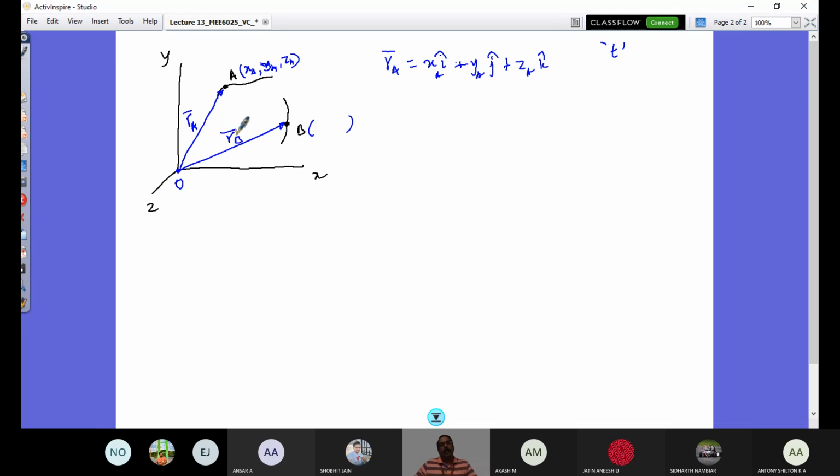Any vehicles in motion, whether in space or on the ground, can be represented with respect to a fixed reference on the ground, shown here as a Cartesian coordinate. With respect to this point O, I can look at their motion, and give at any point of time their positions by RA. If this RA gets to another position, I can define its change of position with respect to time, which is velocity, and then the rate of change of velocity with respect to time, which is acceleration, and so on.